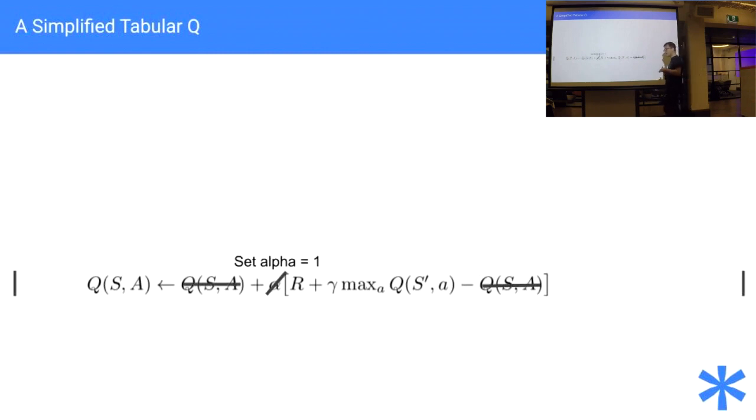Let's set alpha to be 1. By nature of alpha being 1, we negate all of the Q function calls on the right side, which leaves us with, does this look familiar? So now our Q learning algorithm becomes, I'm just interested in the reward and what I know of the next step.